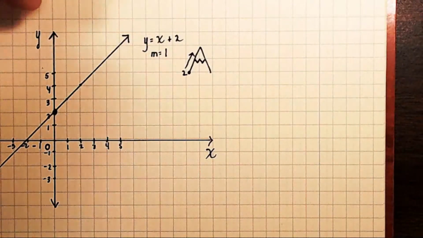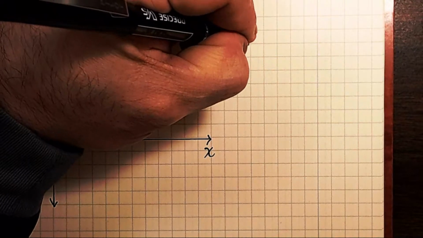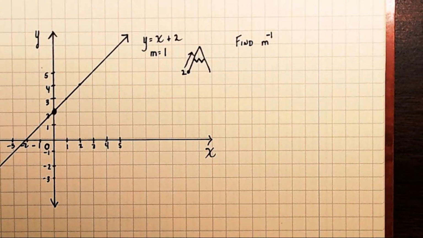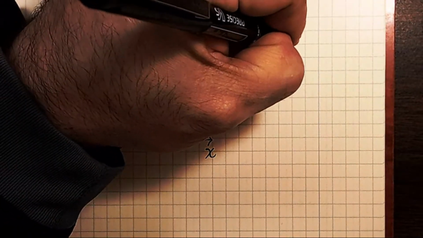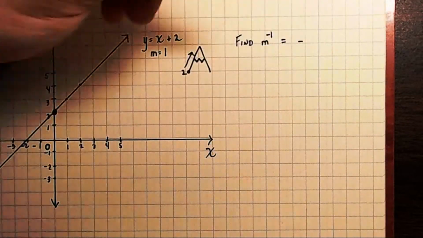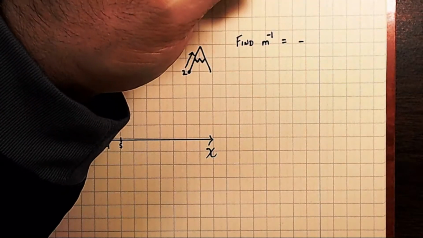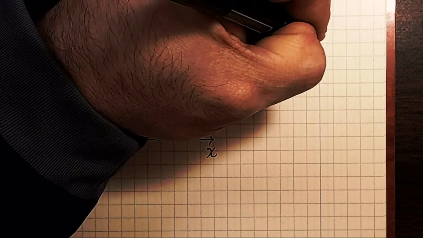In order to find m superscript -1, we take the negative inverse slope. So if I have a slope of 1, I'm going to put 1 over the slope.